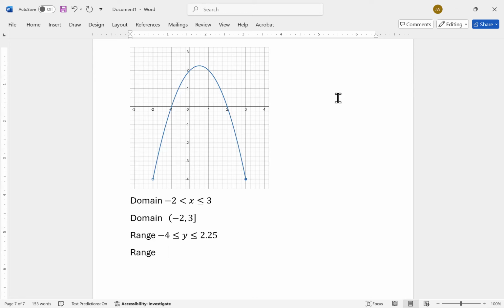And so in interval notation, we'd have square bracket, -4, comma, 2.25, and then a square bracket. So x values give me my domain, y values give me my range. Closed circles mean I can touch it. Open circles mean that I cannot.